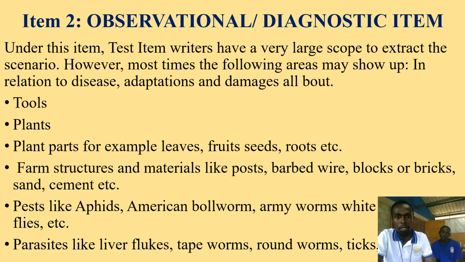Under this item, test item writers have a very large scope to extract the scenario from. However, most times the following areas may show up in relationship to diseases, mark diseases, adaptations, probably what is adapting to what, then damages, and all about.